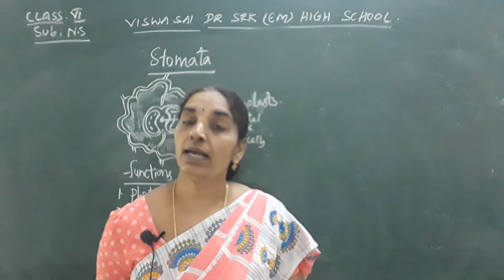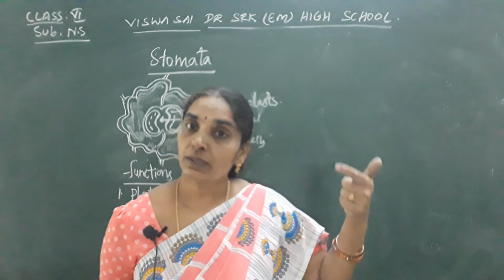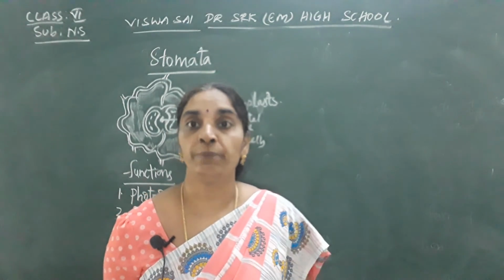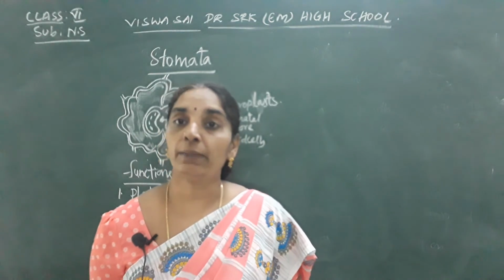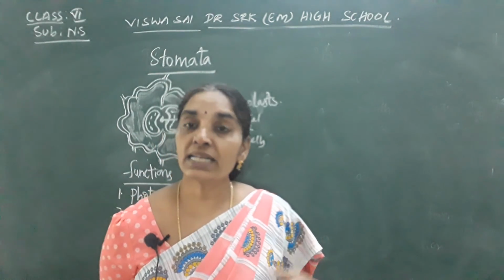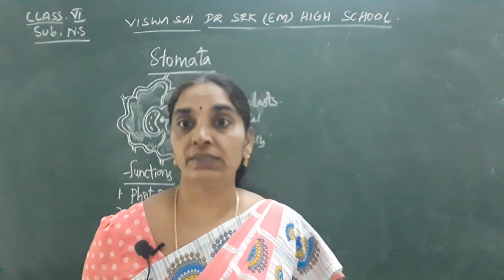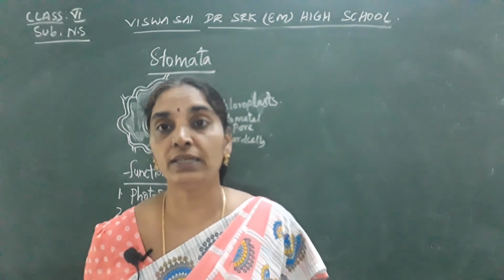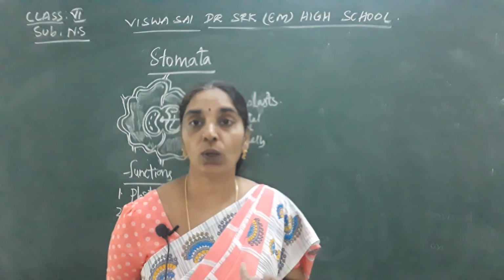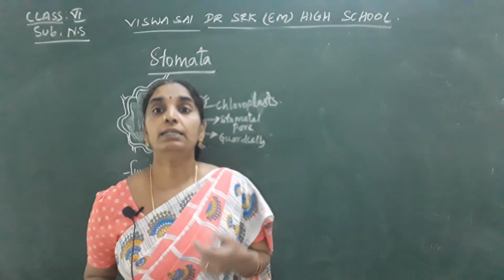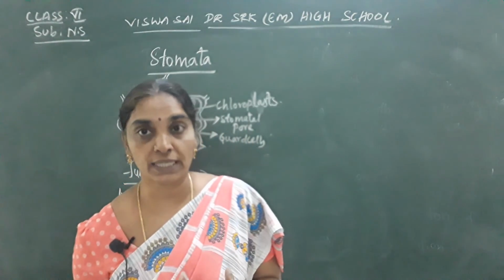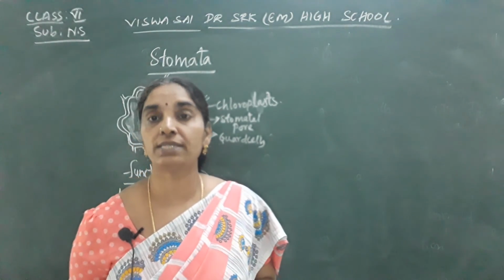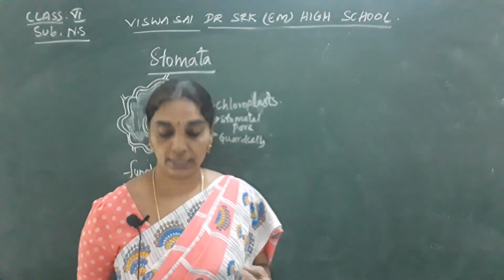The long elongated vein present in the center of the leaf is called the midrib. Veins and veinlets arise from the midrib, and the arrangement of veins and veinlets in the leaf lamina is called venation, which gives the shape and structure to the leaf. So venation is called the skeleton of the leaf.